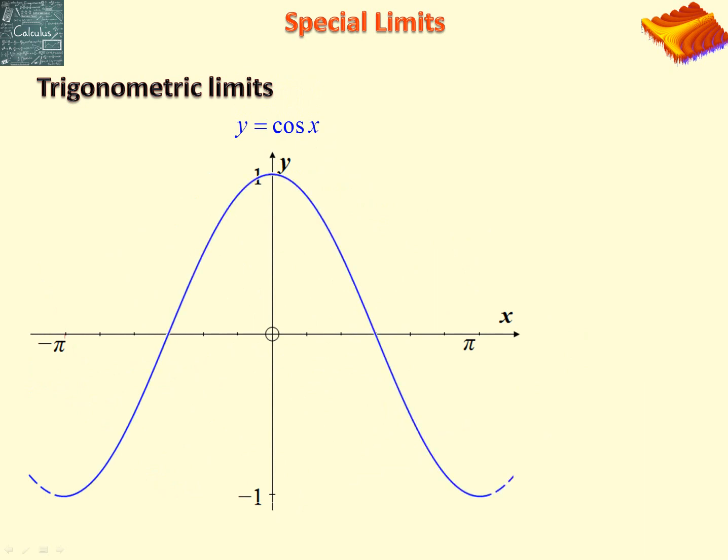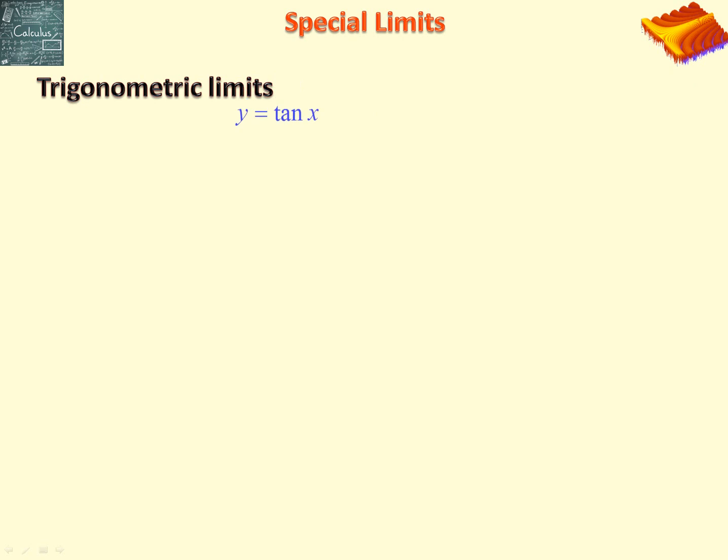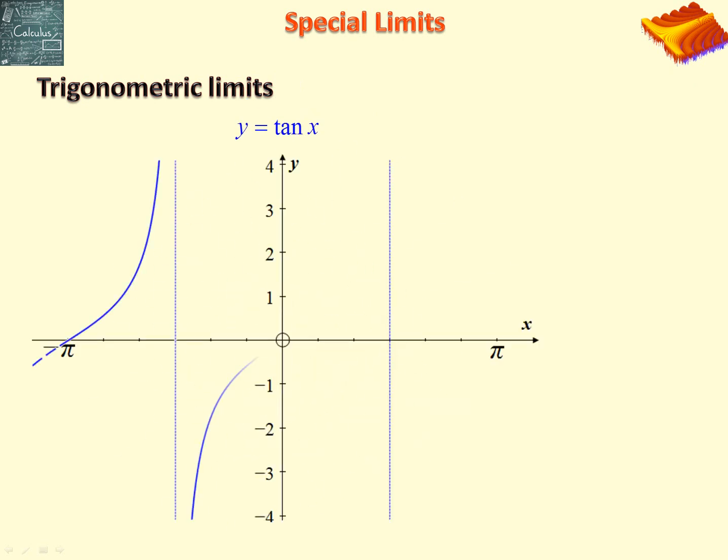Cos has similar limits. And looking at tan, we have a difference because of those asymptotes.